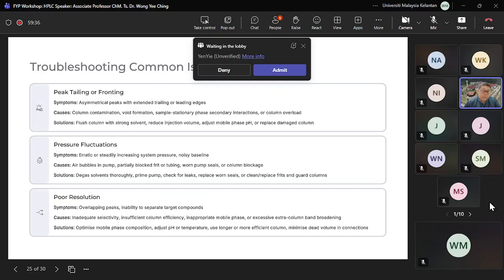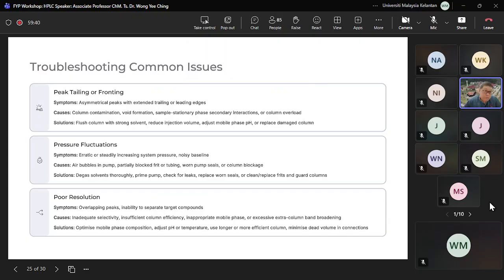Next, some troubleshooting of common issues that you will have most of the time: peak tailing or fronting, whereby you got one peak going up, you can see my highlighter, right? You got one peak up, then your peak going down. When going down it is not a very smooth separation, it is just trailing at the back there.